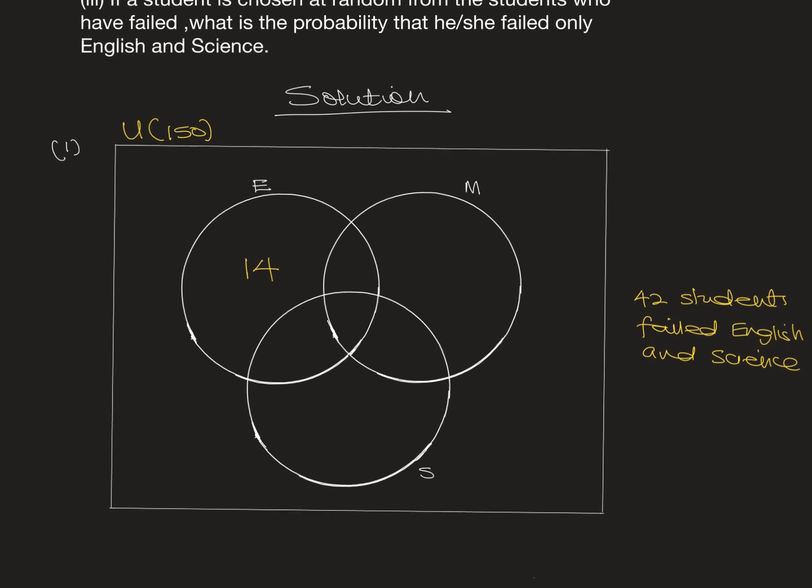The reason for this is, for English and science only, it represents this region that I am marking with the blue color. Okay, this region is for English and science only. It is going to be different from English and science.